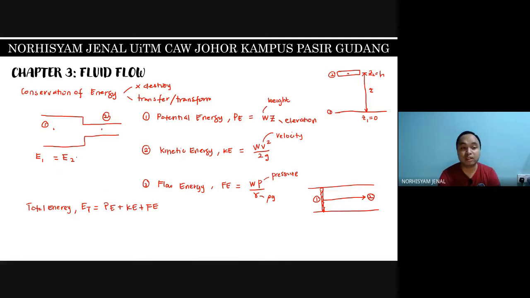And if we do a comparison like this, based on this comparison, E1 is equal to E2. It means that total energy at point 1 should equal total energy at point 2.